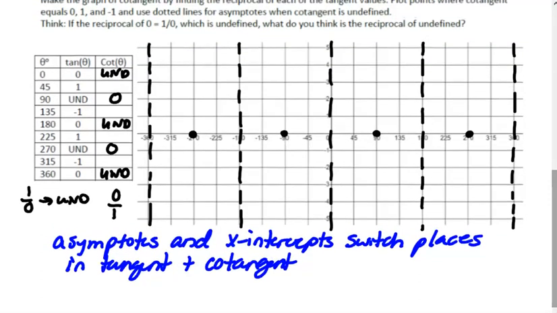We know that the reciprocal of 1 is 1. So tangent of 45, cotangent of 45 is still 1. And the reciprocal of -1 is -1. So cotangent of 135 is still -1. And 225, 1. And 315, -1.